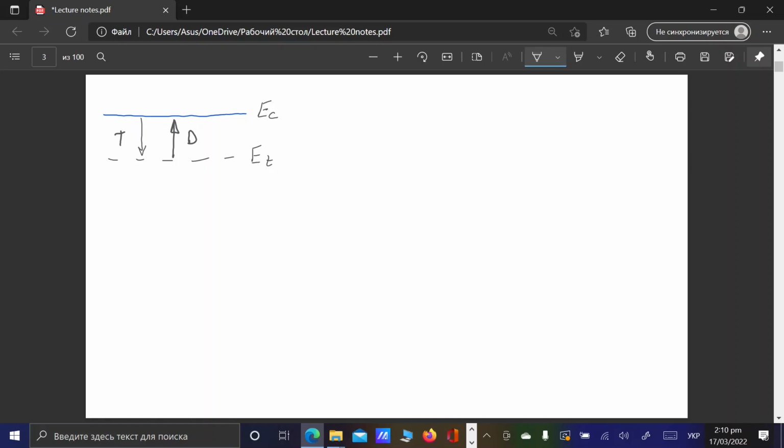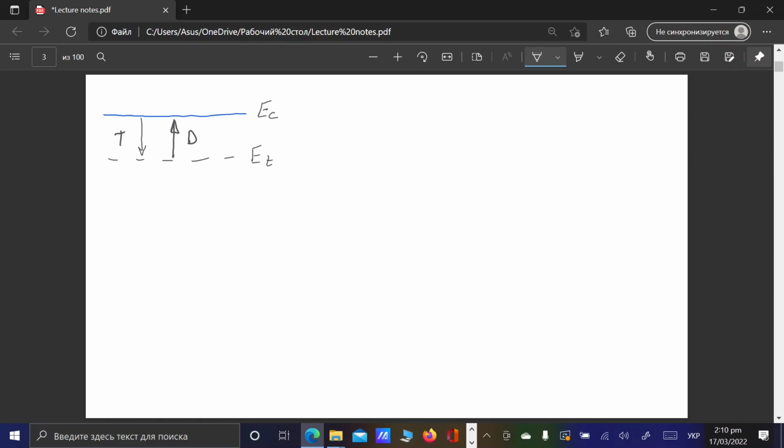Why? Because if we increase detrapping, we increase the number of empty, not occupied, localized energy levels. And this concentration of non-occupied localized levels will increase the probability of trapping. So we will always go to some balance between trapping and detrapping rates. So let us mark trapping and detrapping rates as T and D.